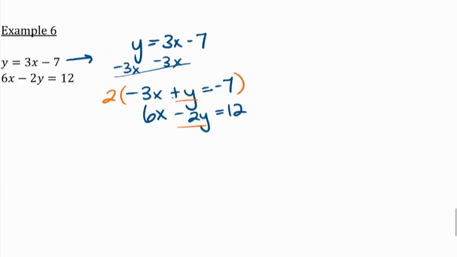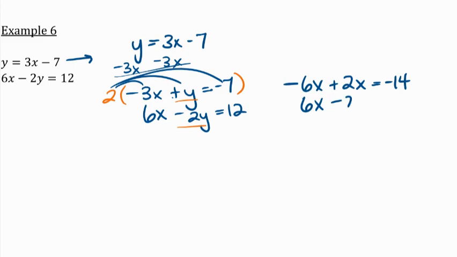So I will get -6x plus 2y equals -14 when I distribute that 2 all the way through here. And then I still have 6x minus 2y equals 12.